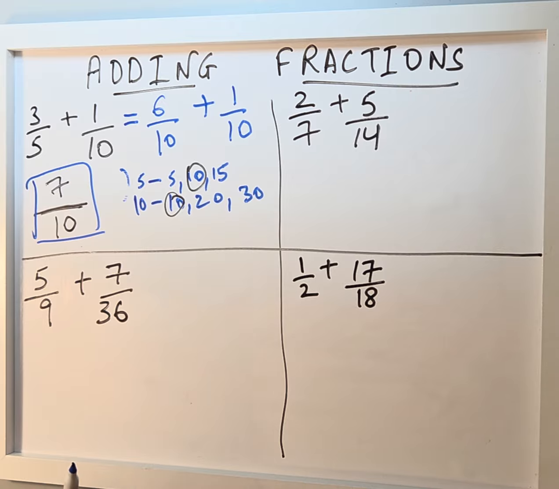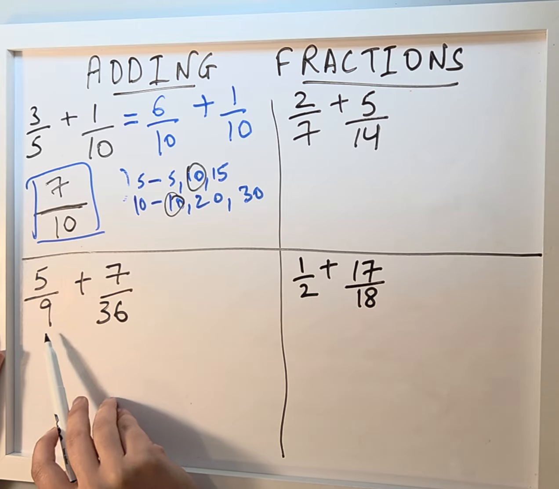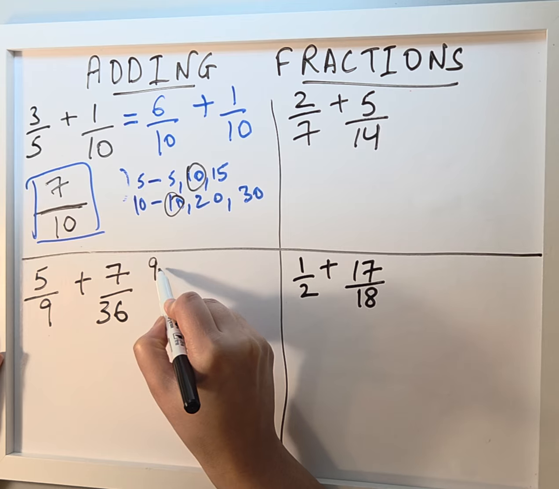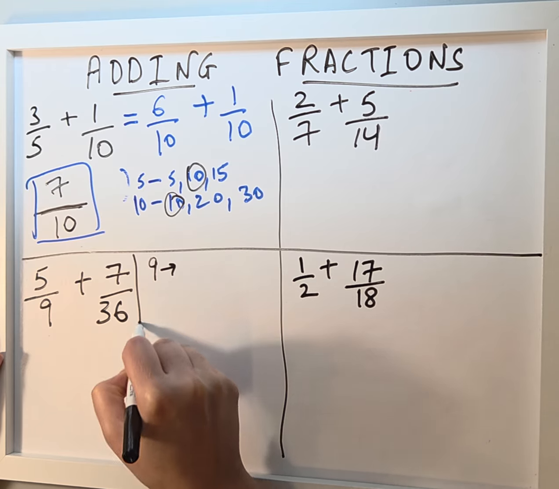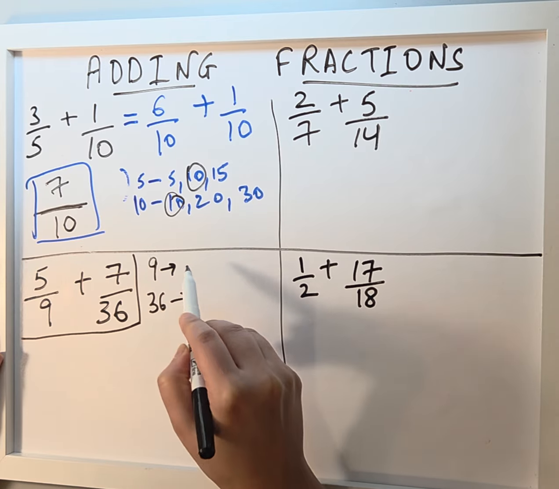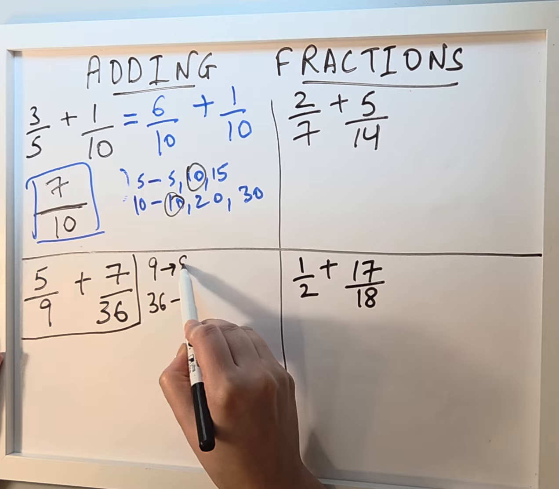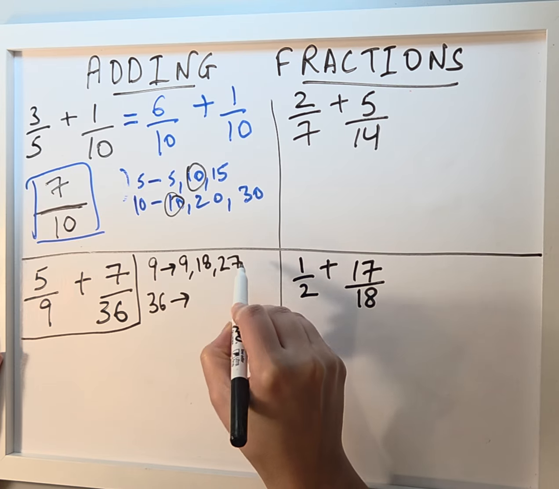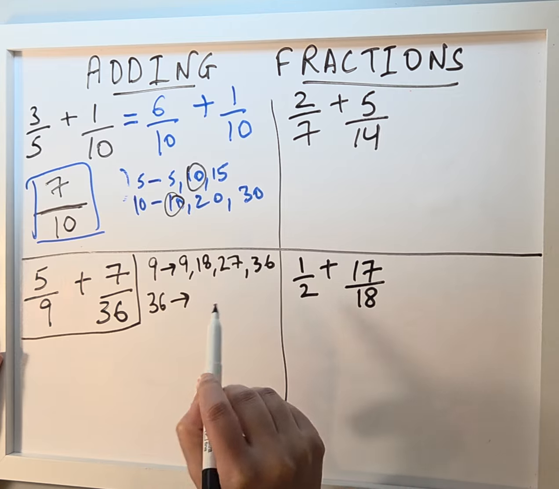Now let's look at the next question. We have 5 by 9 plus 7 by 36, different denominators. Let's try to find the LCM for 9 and 36. For 9, what are the multiples? 9, 18, 9 3s are 27, 9 4s are 36.